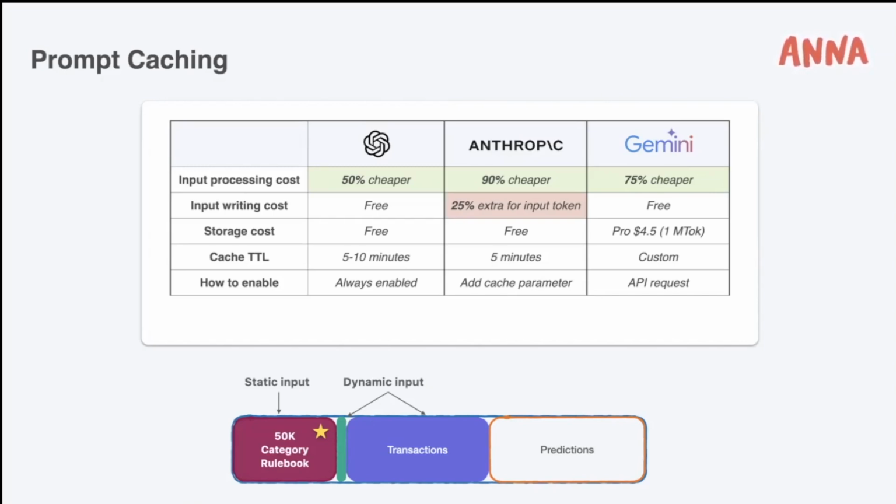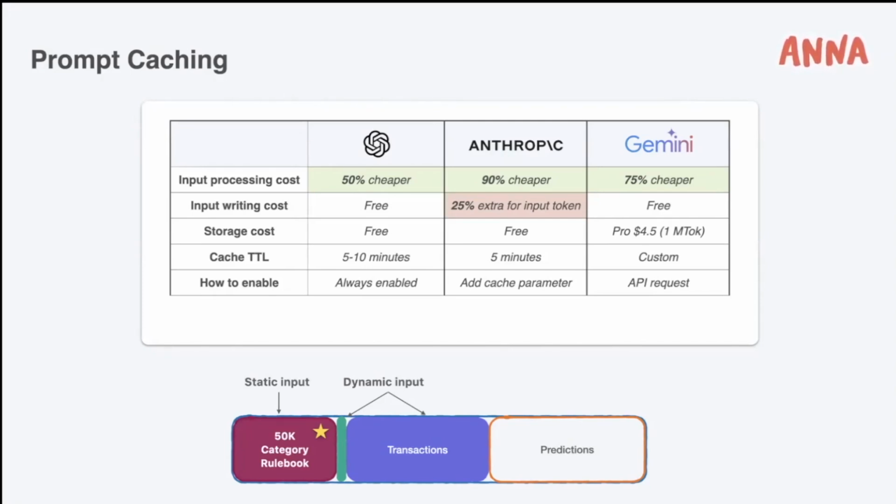Then once the cache is stored, you will be sending new requests, and for the cached part of these requests you get the savings. There are some other things to consider, like storage cost, which in the case of Gemini is not zero, and there is a TTL. It will affect how you actually implement this.